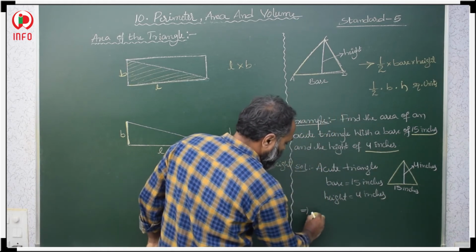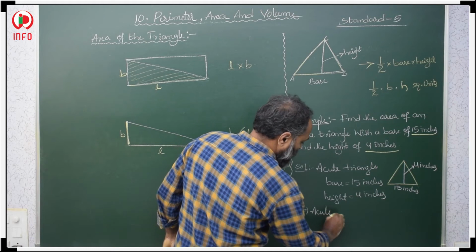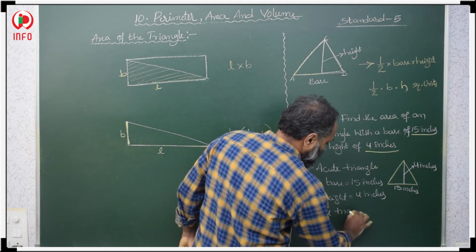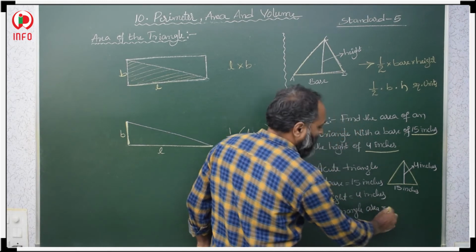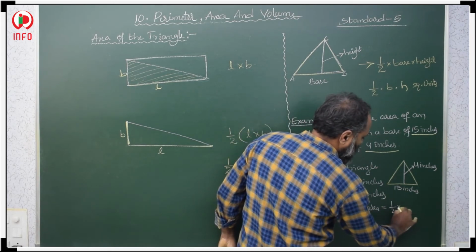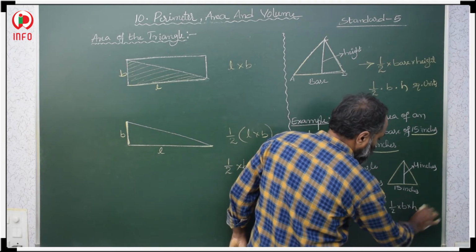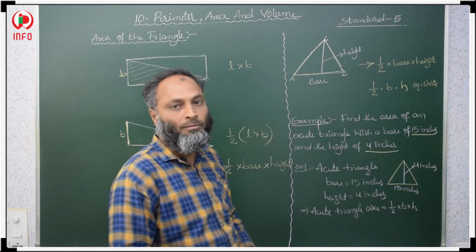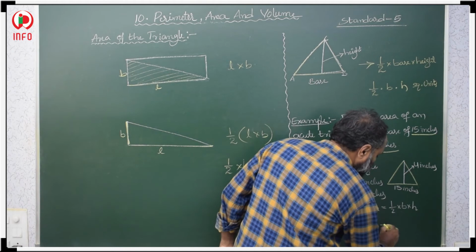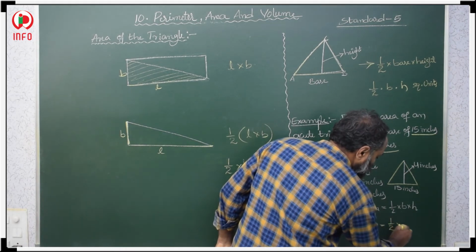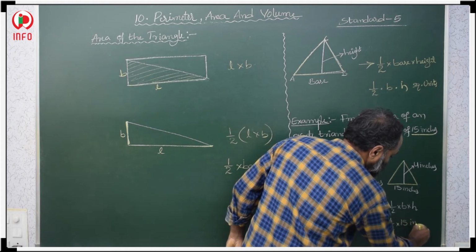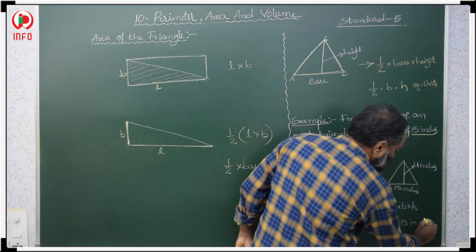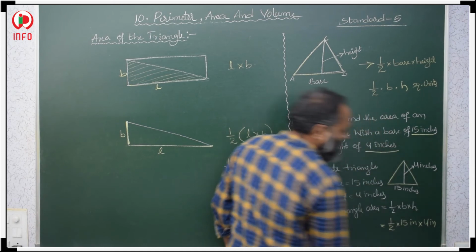Then the area of the acute triangle is equal to half into base into height. Half into, what is the base here? Base is 15 inches, IN means inches, and height is 4 inches, IN means inches.